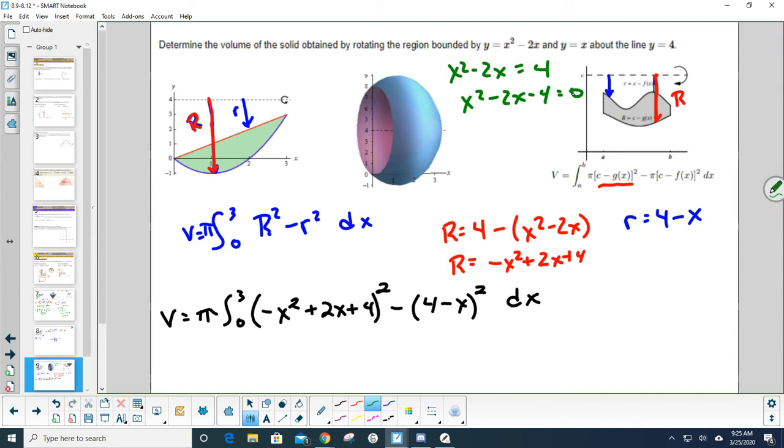If the axis of rotation was instead like x equals 3, would that change our equation to being 0 to 3? Are you talking about right here? Yeah. All that does, that has nothing to do with your bounds. All that has to do with is what big R and little r are. What I'm doing in here in green right now is how I would find my bounds.